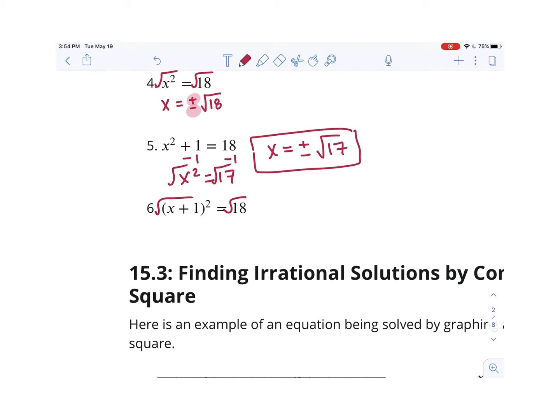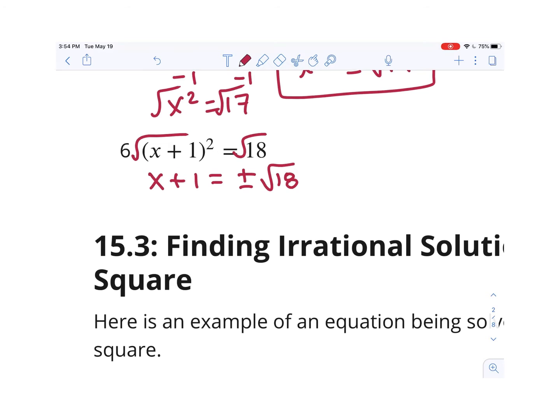For 6, if I take the square root first here, I'd get that x plus 1 equals plus or minus the square root of 18. Now, if I want to take away 1 from both sides, typically how I would write that would be x equals negative 1 plus or minus the square root of 18.